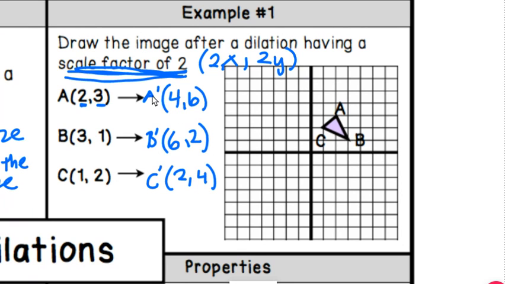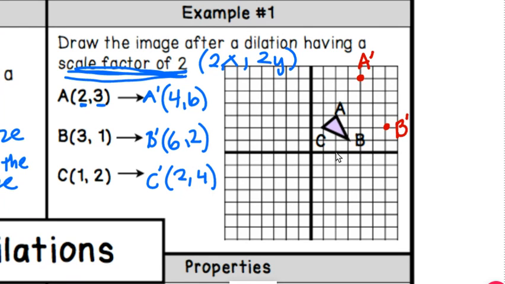Okay, so we'll go over and we'll plot our points. So A prime is 4, 6, over 4 up 6. B prime is 6, 2, over 6 up 2.